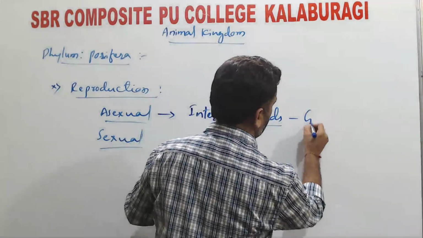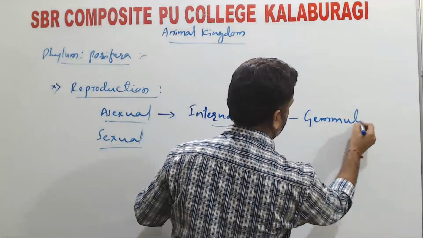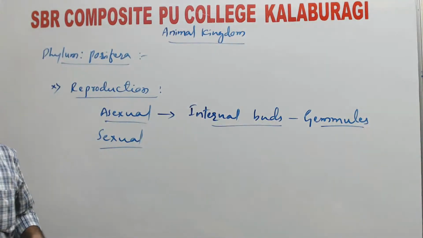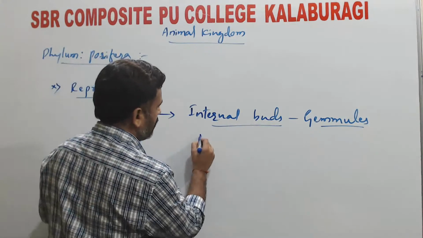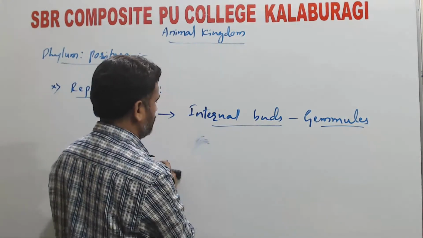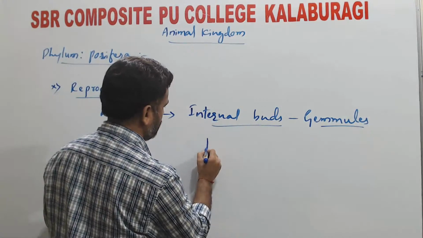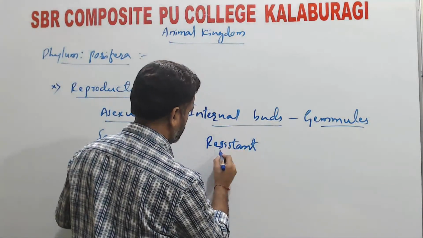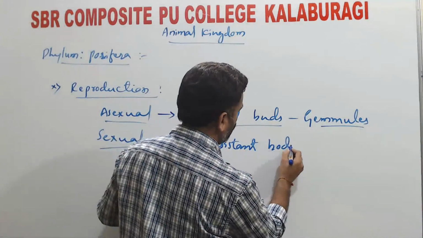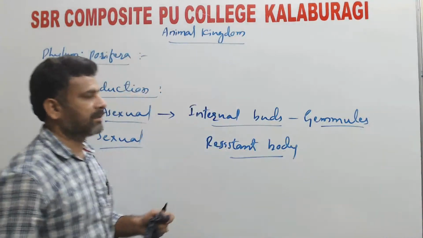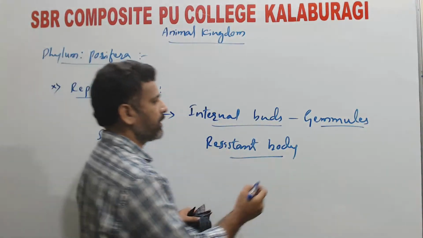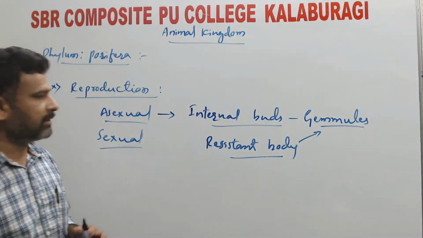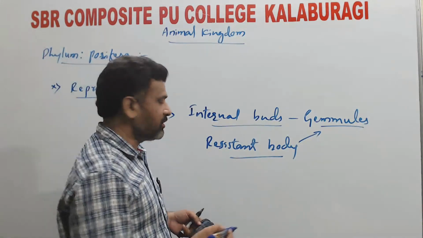The internal buds are referred to as gemmules. These are also called resistant bodies, or resistance bodies. So these resistance bodies are also called gemmules.